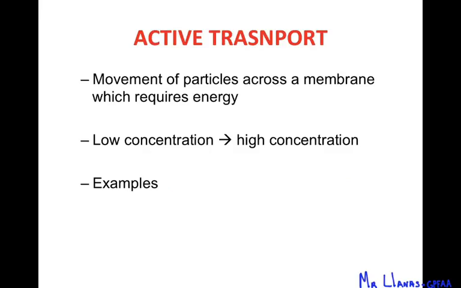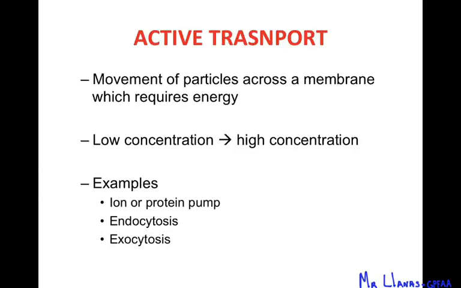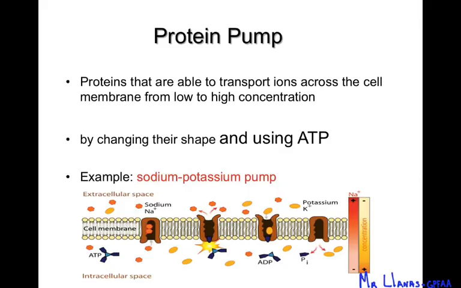The other type of transport is active transport. This is the movement of particles going across the membrane, but it goes from low concentration to high concentration. And the examples are the ion or protein pump, okay, and endocytosis, exocytosis. And we looked at different examples of this, but the protein pump uses ATP, which is made during cellular respiration.